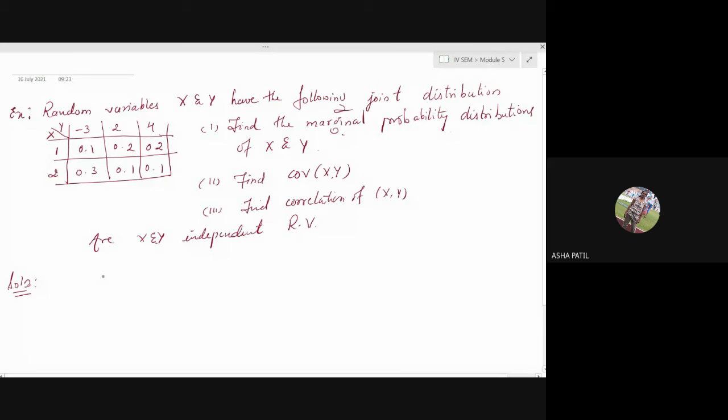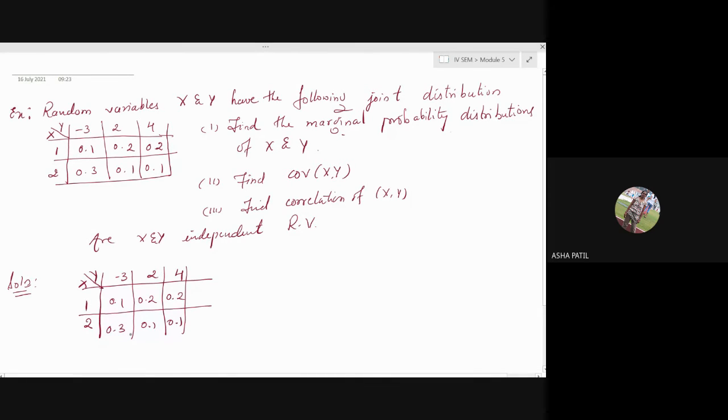So for that, let us put the table once again. X value, y value: -3, 2, 4. 1 and 2 are the values of x. So we have 0.1, 0.2, 0.2, 0.3, 0.1 and 0.1.